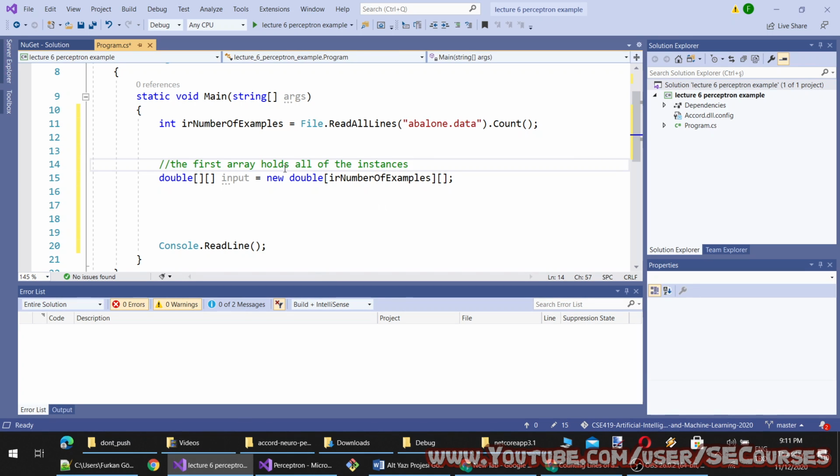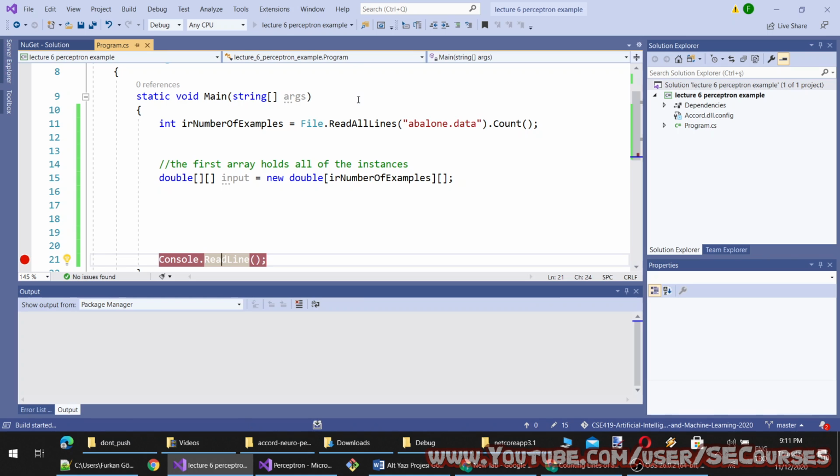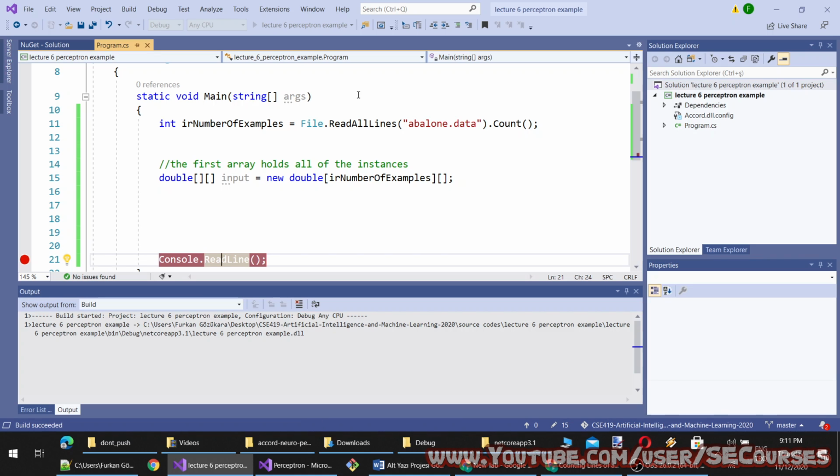Okay, so now that we are initializing our array, you can go step by step when you are programming the application the first time. It is important so you can be sure that so far your application is working as expected.